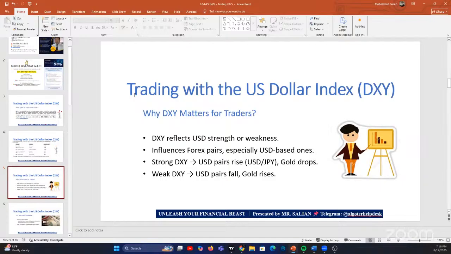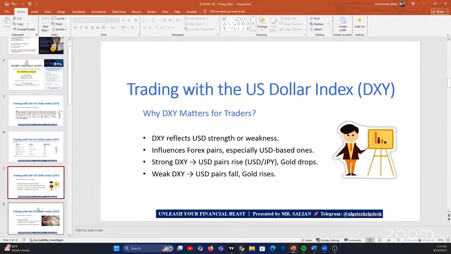A strong DXY means USD pairs rise, so USD/JPY, and if the DXY is strong, gold will drop eventually. A weak DXY means USD pairs fall and gold will rise.